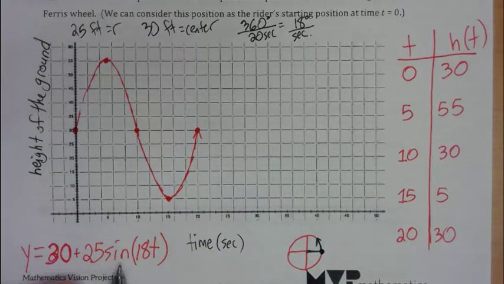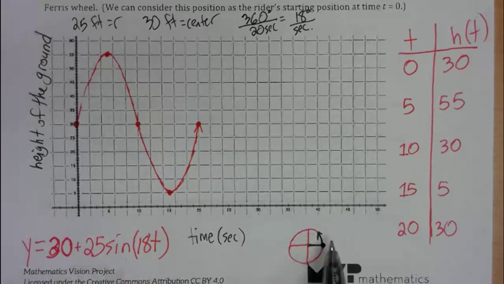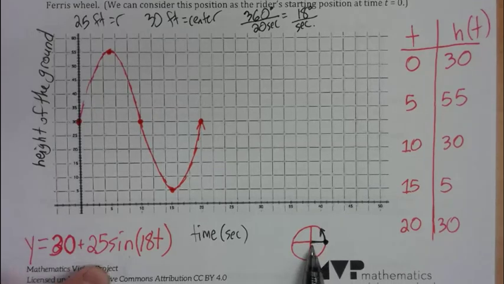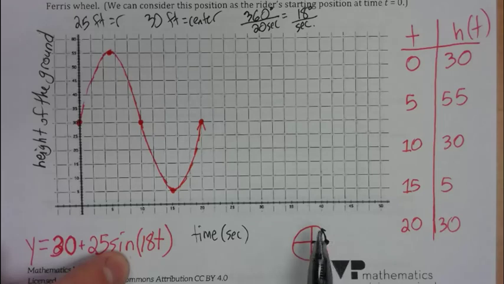Remember that sine of our angle gives us a certain amount going up or down from the middle. That amount of sine is multiplied by 25 since that's our radius. And whatever that is, it's 30 plus if it's positive and above the middle, or 30 minus something when we're below.